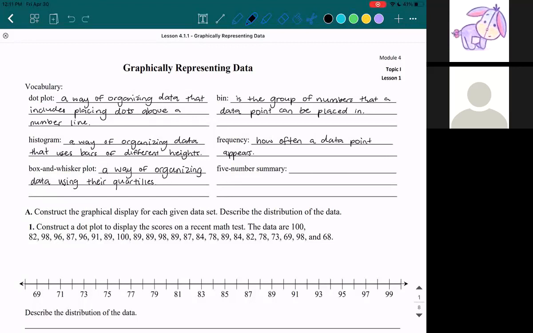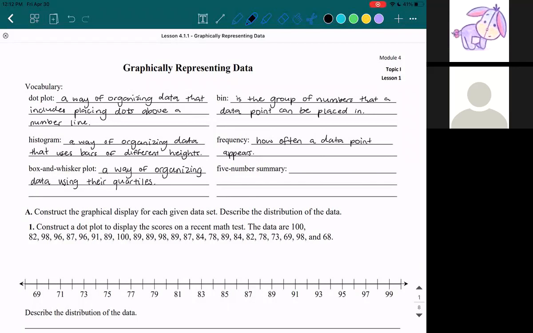Oops, I spelled that wrong. Quartiles. So if you're wondering what a quartile is, it's literally 1/4 of the data. So if you organize your data from smallest to biggest, and then you split it into 4 equal sections so that each section has the exact same number of data points, that's a quartile. Each of those is a quartile. Once again, we will get to that later on.